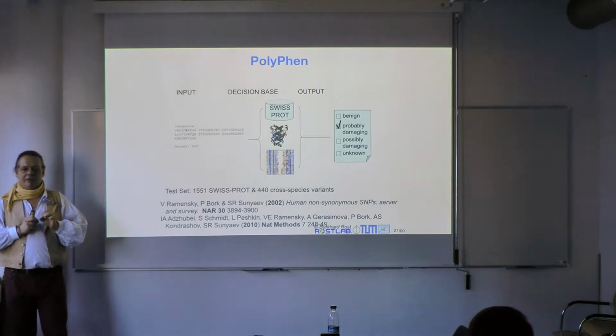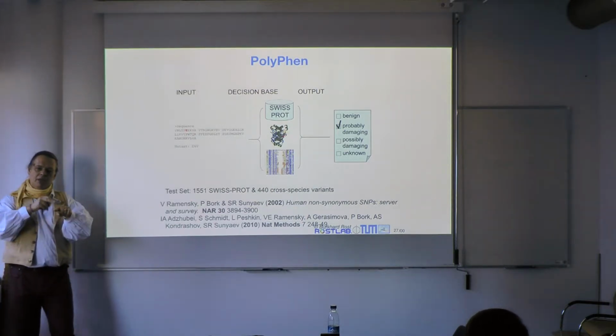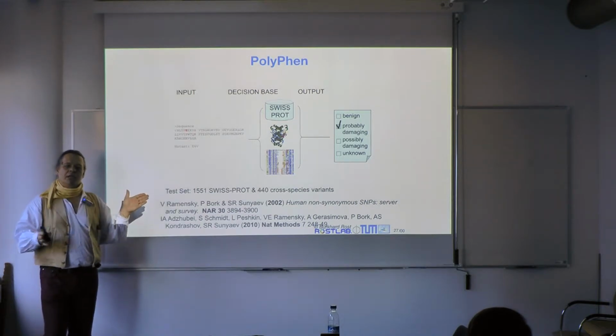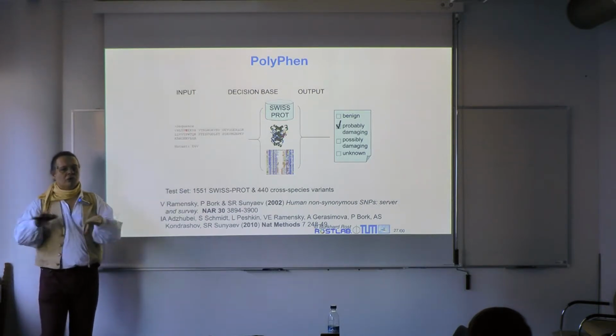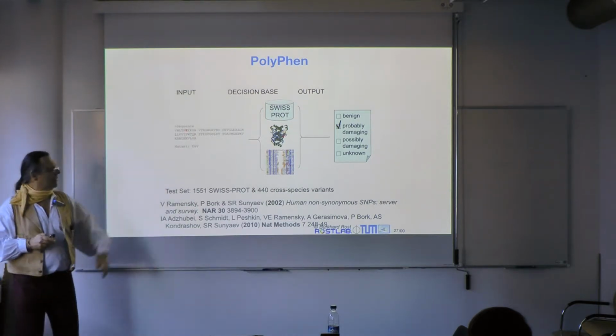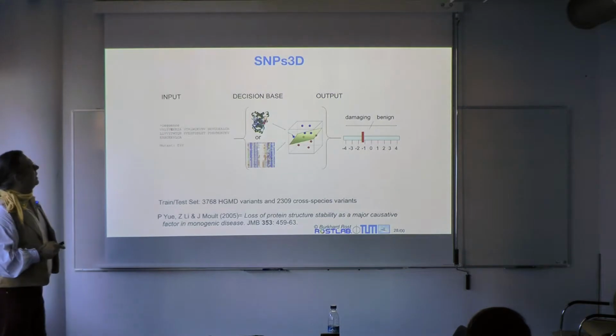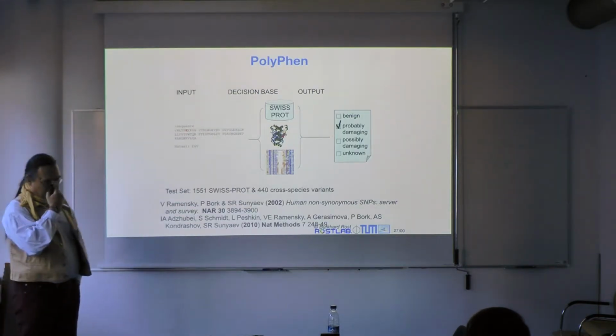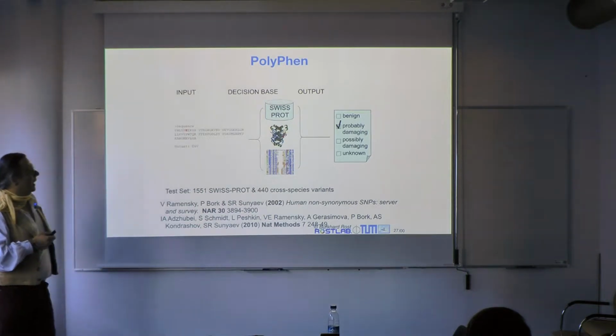That has to do with a variety of factors. It has to do with the Blossom matrix, but it also has to do with what you observe at that position. And it also has to do with how conserved any pair of proteins in this family is. And underneath, PolyPhen, in fact, is a clever way to recompile the probability of effect given an alignment.